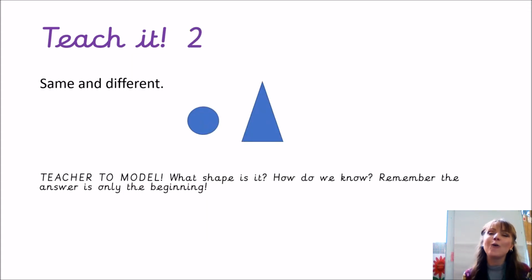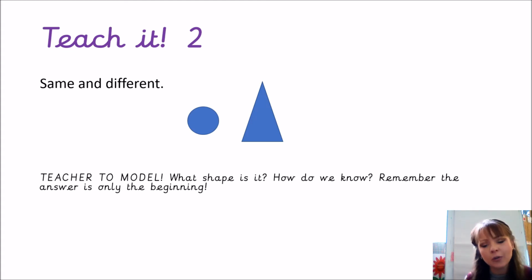I know you're all really good at this because you played me in a game about same and different, and you won. Well, Red Group won during that game. So let's see if you can show your adult everything that you have learned about shapes.